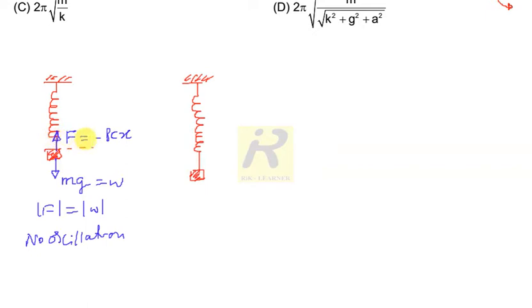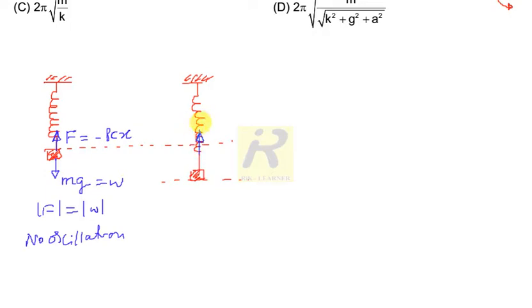If the situation is different, that means if the spring is extended a little from its initial position, then the restoring force in the spring acts upward.